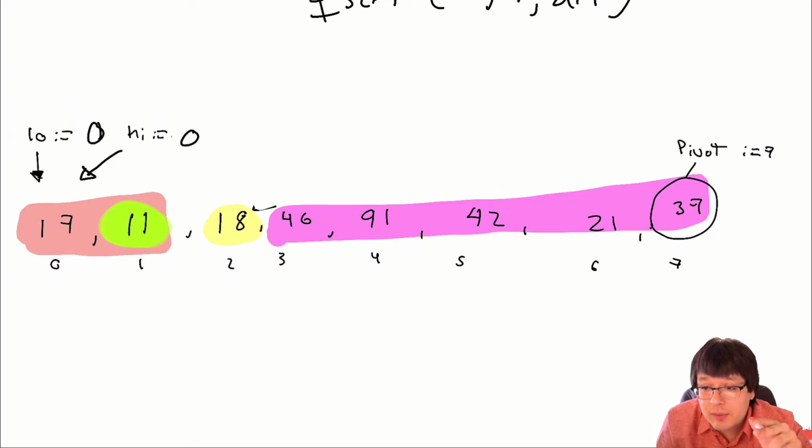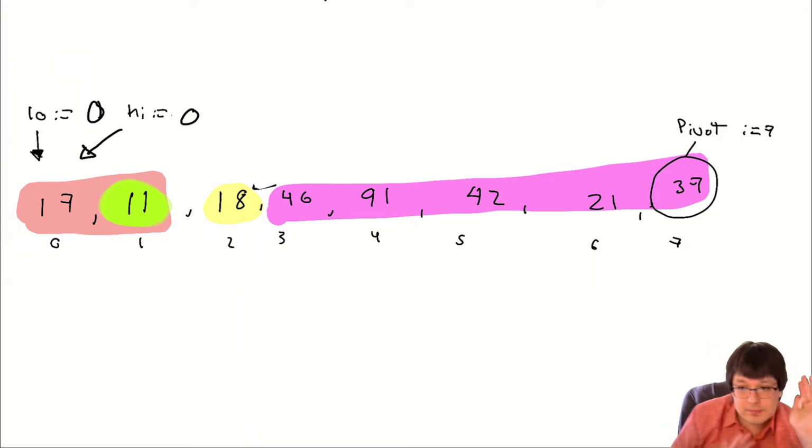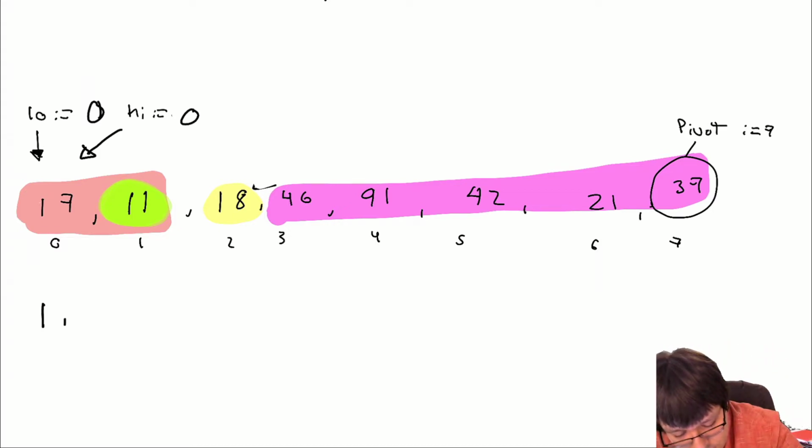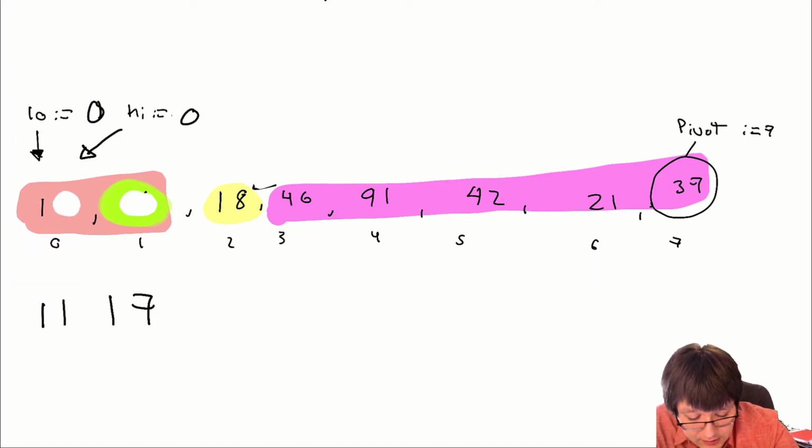Otherwise, you would swap 11 with itself. You just swap 17 with 11. You run through the whole code, but really there's nothing much happening. You just basically swap 11 and 17. Okay, and that pretty much concludes this side of the algorithm. There's going to be technically one more recursive call that's going to happen here.